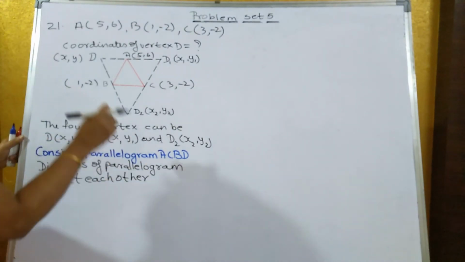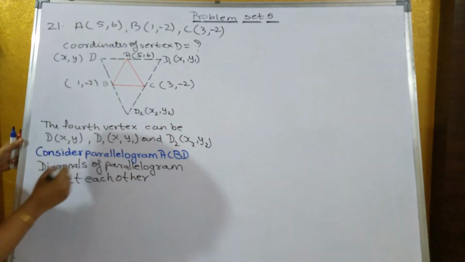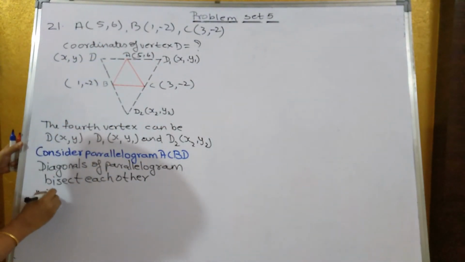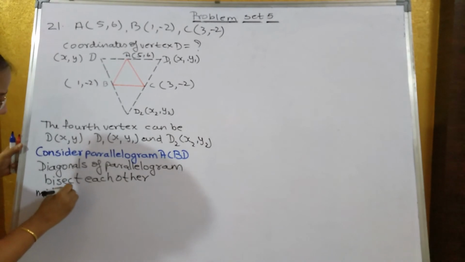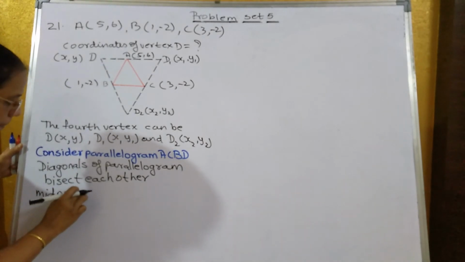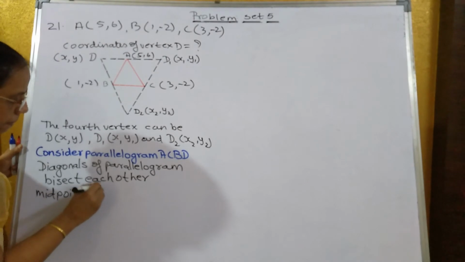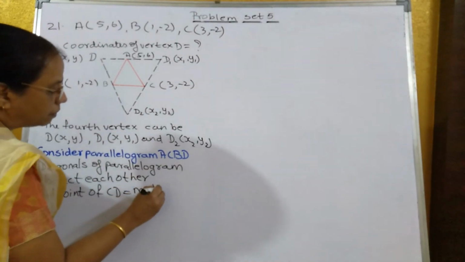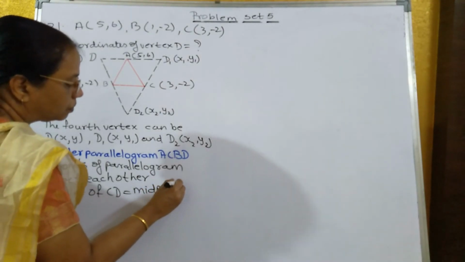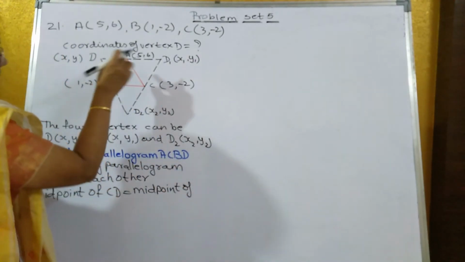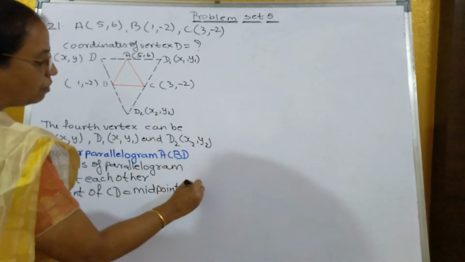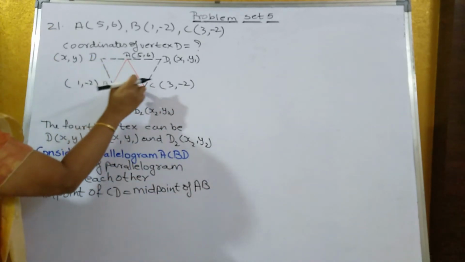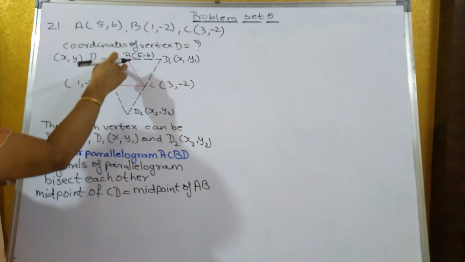Over here, midpoint of CD should be equal to midpoint of AB. In this parallelogram, midpoint of CD should be equal to midpoint of AB.